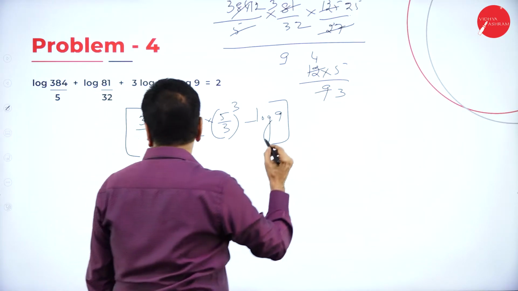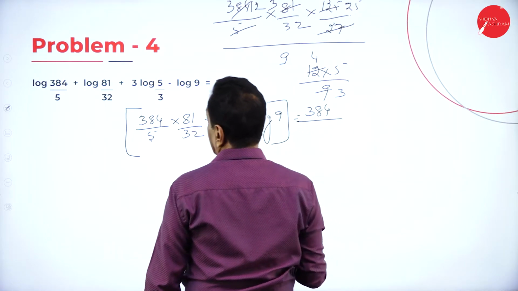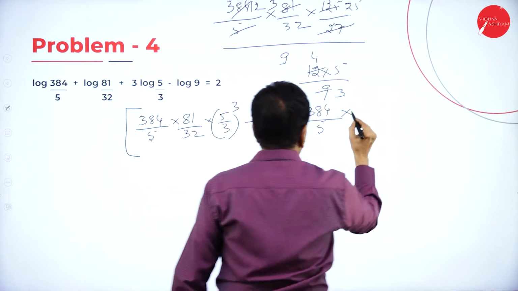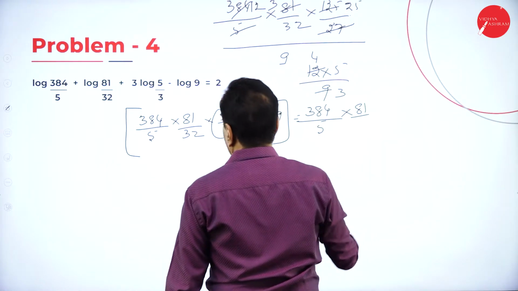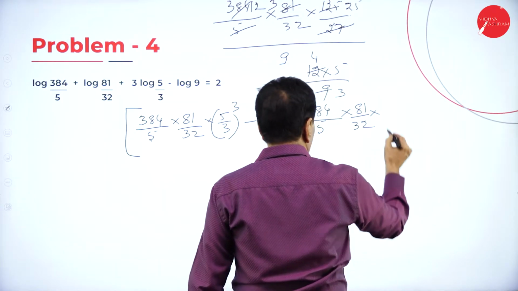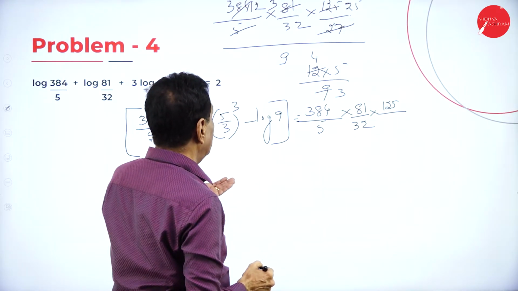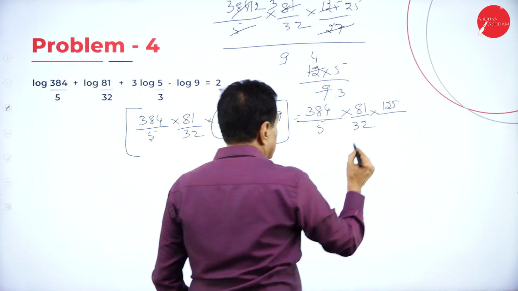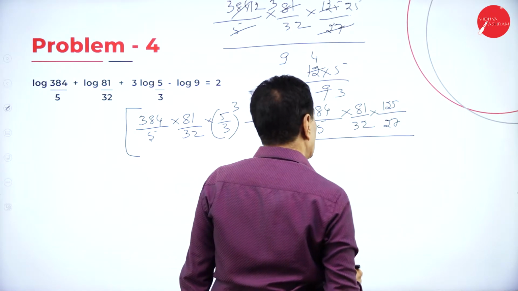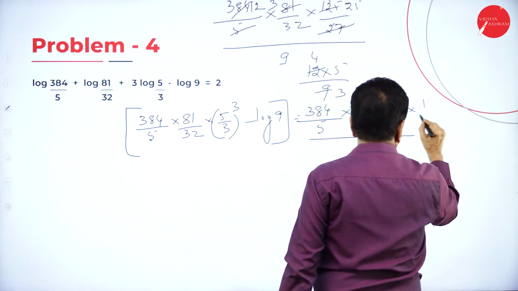I will repeat once again. 384 divided by 5 into 81 divided by 32. 5 cube is 125. 3 cube is 3 threes are 9, 9 threes are 27. 9 can be written as in the bottom or reverse 1 over 9.